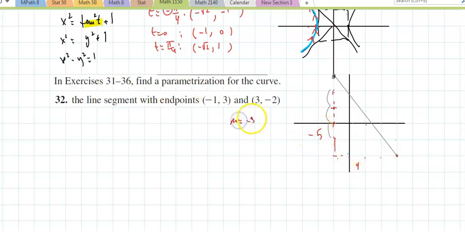That's m. And if I take one of the points, let's say I take the first point, y minus y1 equals m times x minus x1. Y equals negative 5 over 4 x minus 5 over 4 plus 3.